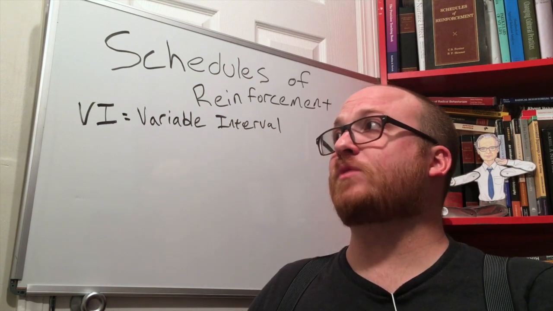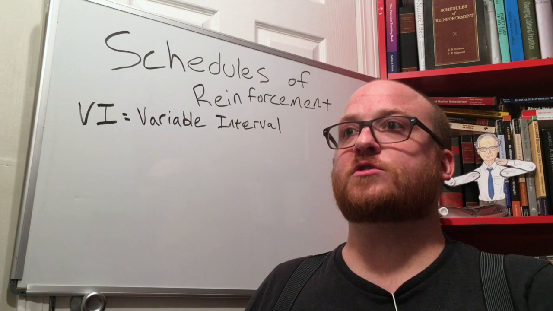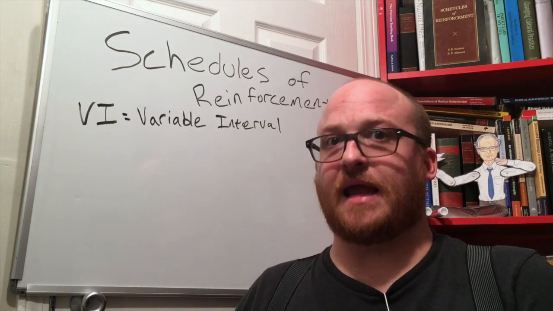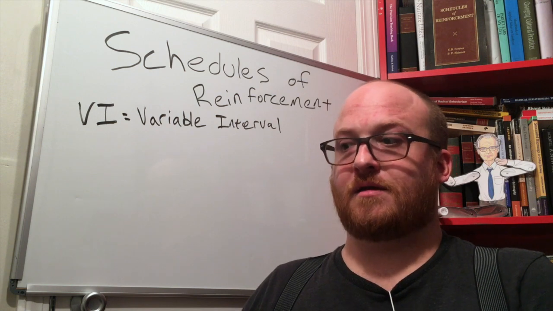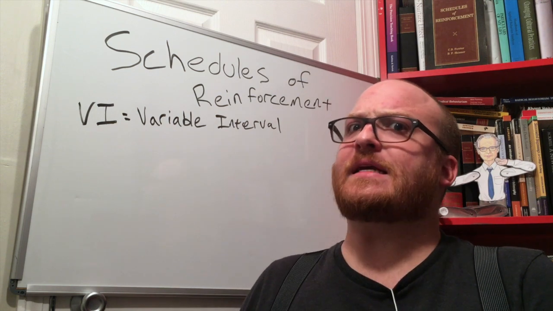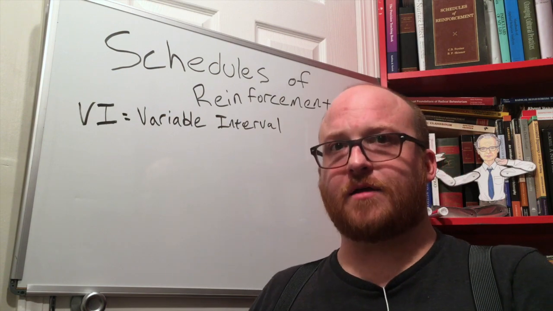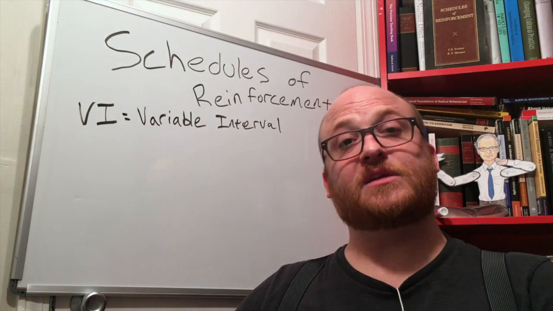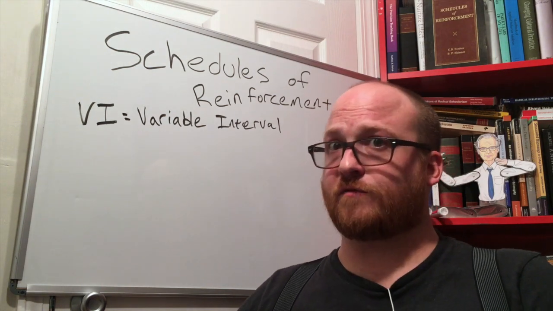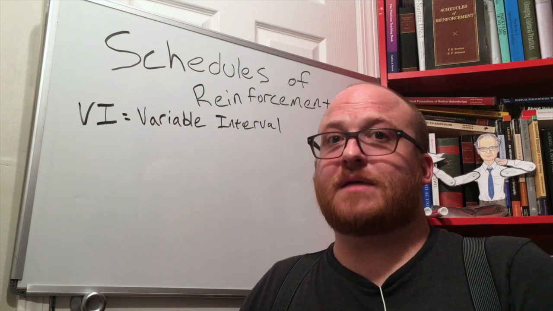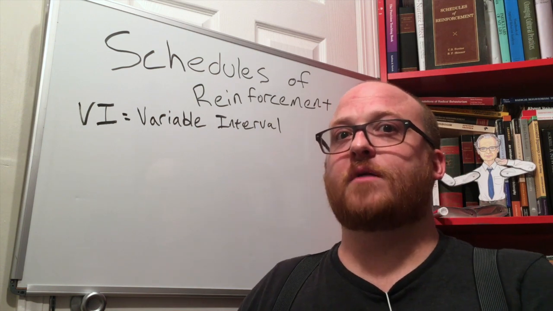So just because reinforcement occurred, reinforcement may occur again immediately following the next behavior. And that may happen an infinite amount of times in a row. It really doesn't matter. The only thing that matters is that when you take all of those times in between behaviors, all of the interval requirements, and average them, it comes out to 1 minute. That would be a VI 1 minute.